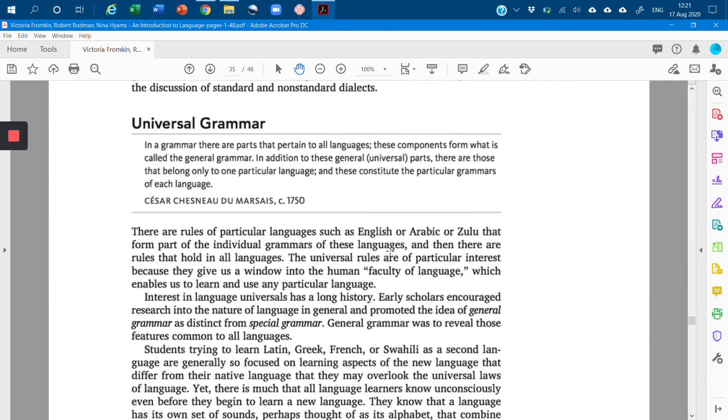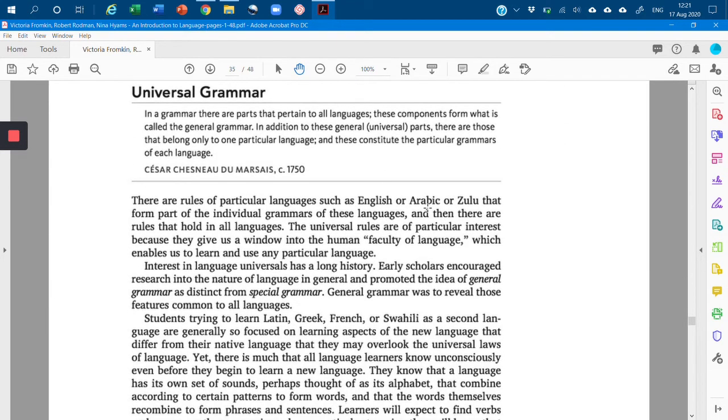Now, universal grammar. Earlier we spoke about Google Translation. That's how Google Translation works. It works on the assumption that there is a common grammar that underlies all languages, and that if you tap into it, you'll be able to translate into any language, right?